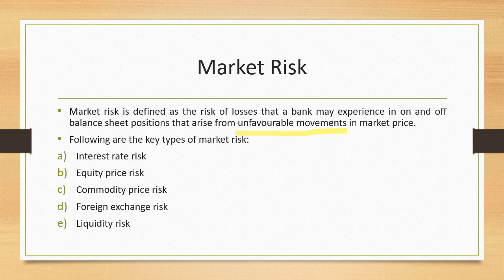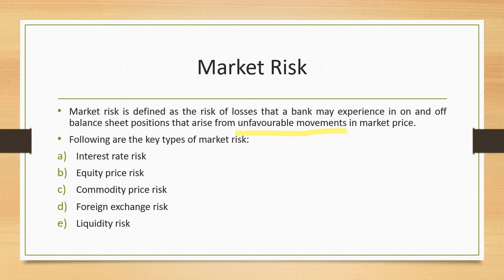Let me elaborate this further. A buyer always gains when the market goes up, while a seller always gains when the market goes down, right? So it depends upon whether things are favorable for you or unfavorable for you. That is what will define the market risk. Well, market risk broadly covers four areas: interest rate risk, equity risk, commodity risk, and foreign exchange risk.